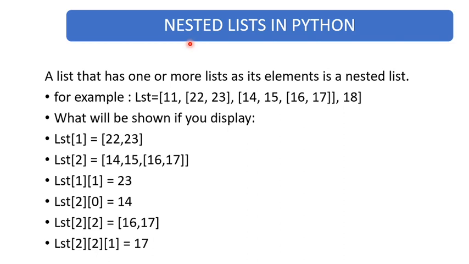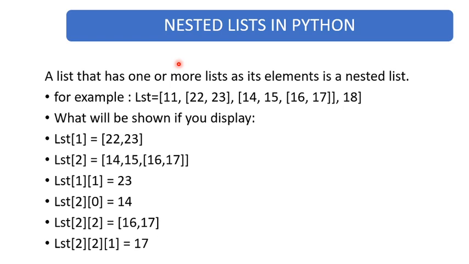It can be an integer, string, list, tuple, anything you can store in a list. Okay, so here you see that 11 is an integer, 22, 23 is a list, 14, 15, then again it's a list. So you can see it is a combination of multiple data types. Okay, so nested is a combination of multiple data types.